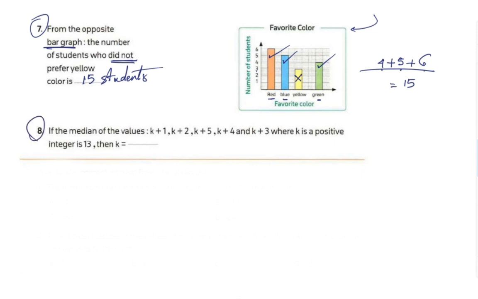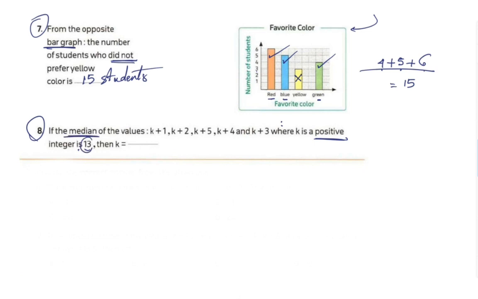Last point of question number 2. If the median of the values k plus 1, k plus 2, k plus 5, k plus 4, and k plus 3, we have 5 values, where k is a positive integer, is 13. What's 13 here? He's talking about the median.